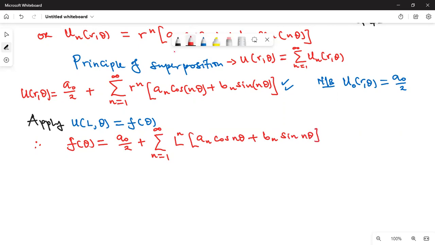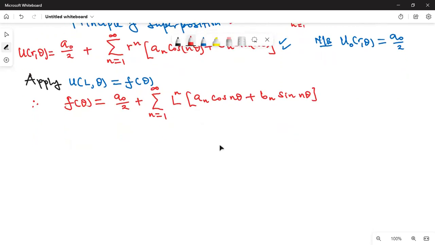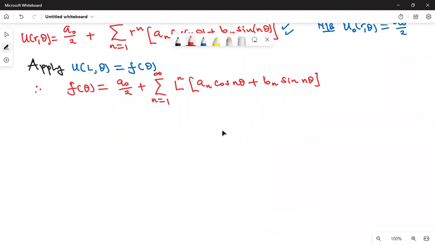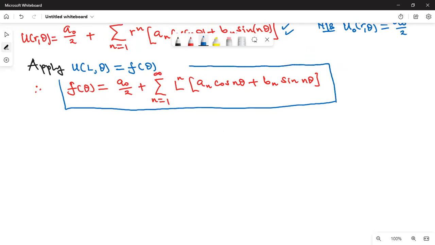Look at this one. This series is the Fourier series of f of theta. Let me bracket it. You remember we have three types of Fourier series: the complete Fourier series and the half-range Fourier series, which are two. We have the half-range Fourier sine series and the half-range Fourier cosine series.